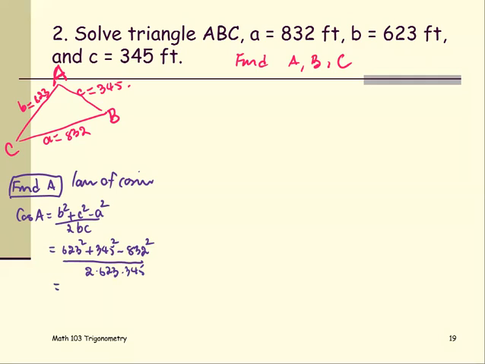And the cosine A comes out to be negative 0.430525 and so forth.